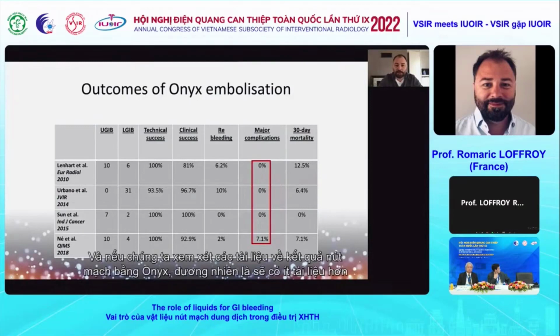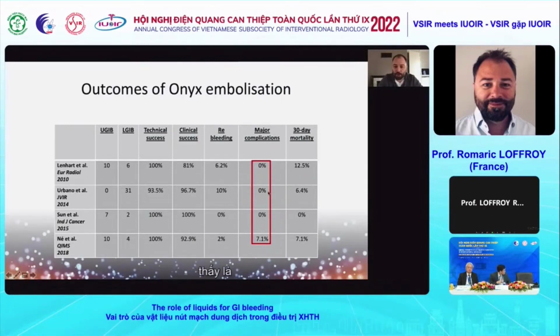And if we look at the literature about the outcomes of Onyx embolization, of course, there are fewer studies, 4 or 5 studies. The last one here is from our center, with almost no major complications.